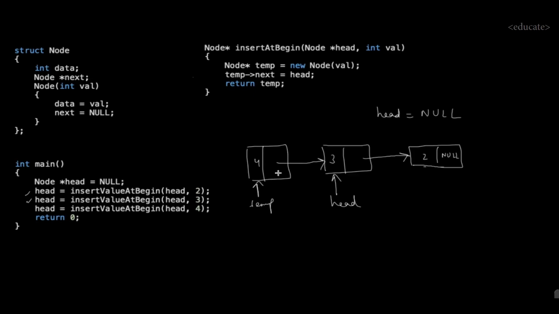Now our linked list will look like this. In the very next line we are returning temp, so our new head will point to 4 only. So let's see. So our new linked list will look like this, with head as the starting node and 2 as the ending node. So I hope you get the logic of insert at begin function.